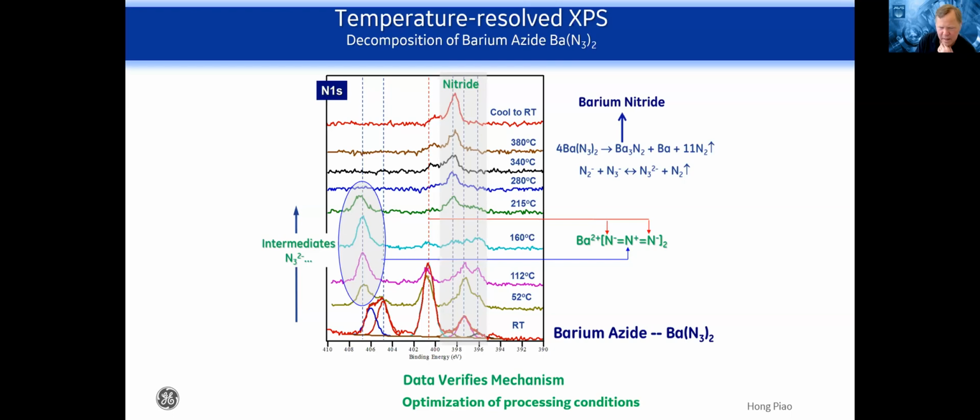We don't do a lot of analysis like this, understanding how the material changes upon heating, but it does allow us to optimize the conditions used for materials fabrication.